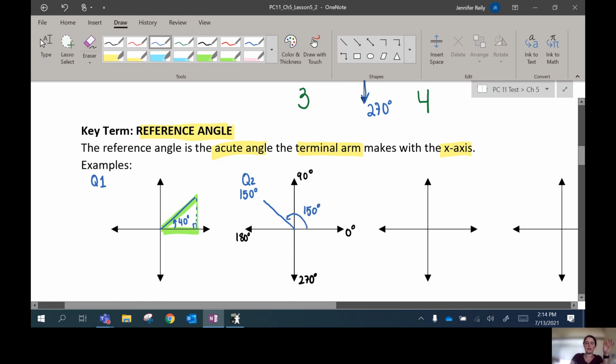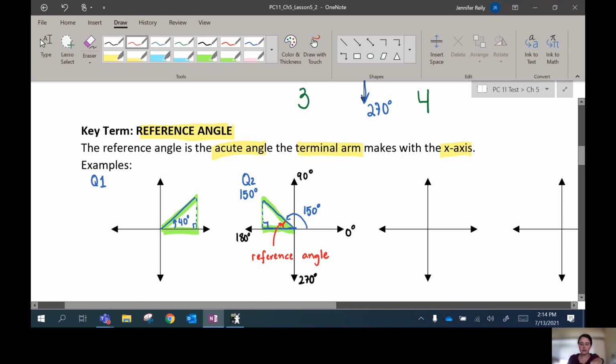Now the reference angle is going to be the angle with the x-axis. So we want to be doing trigonometry on right angle triangles using these angles. And so we're always going to create a nice little right angle triangle with the x-axis here. So my reference angle is going to be this little guy in here, in the corner of that green triangle.